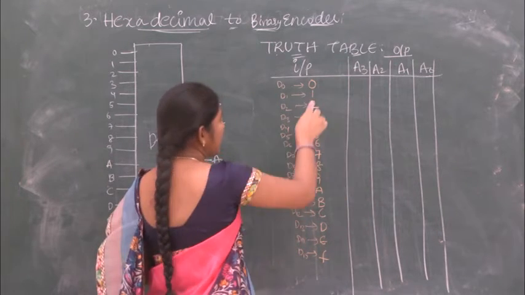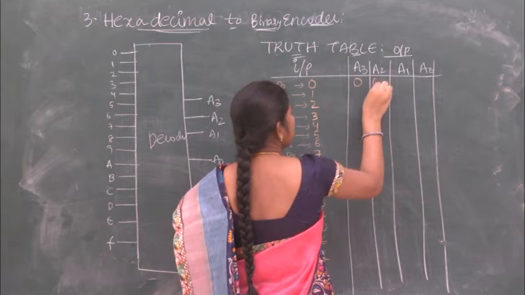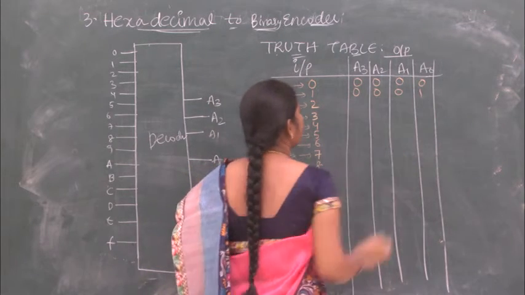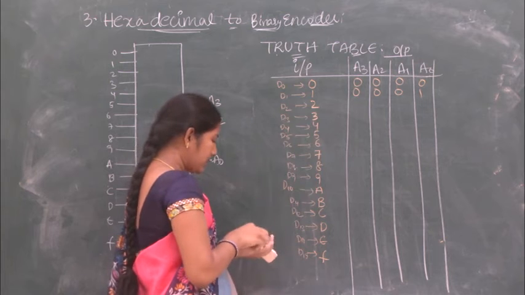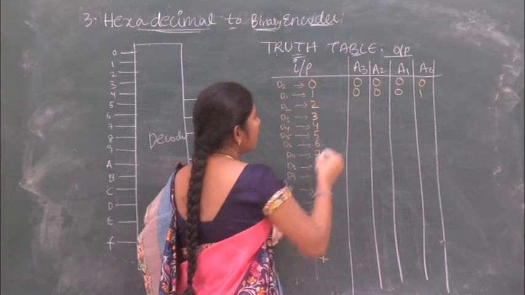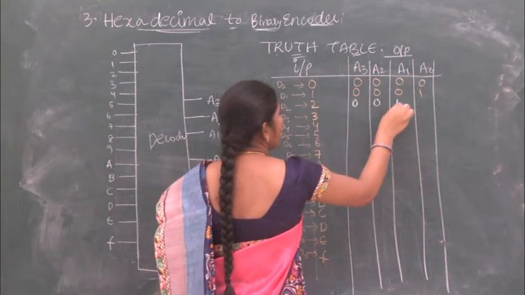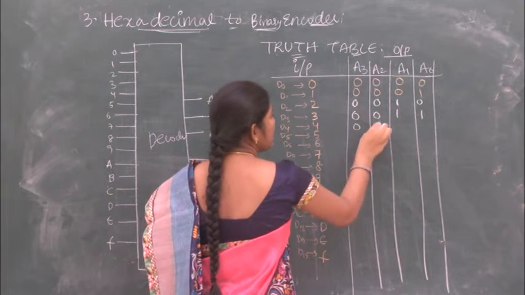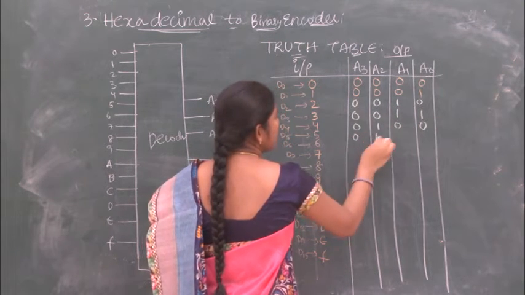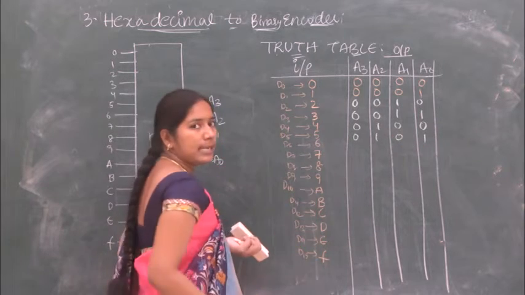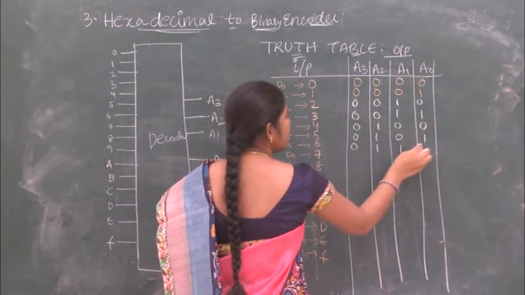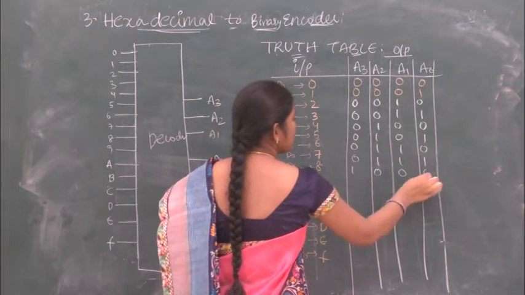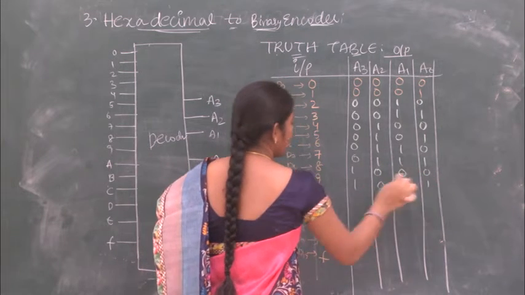Right? So 0 we can represent in binary as 0, 0, 0, 0. 1 means 0, 0, 0, 1. Right? 2 means 0, 0, 1, 0. 3 is 0, 0, 1, 1. 4 is 0, 1, 0, 0. 5 is 0, 1, 0, 1. 6 means 0, 1, 1, 0. 7 is 0, 1, 1, 1. 8 is 1, 0, 0, 0. 9 is 1, 0, 0, 1.